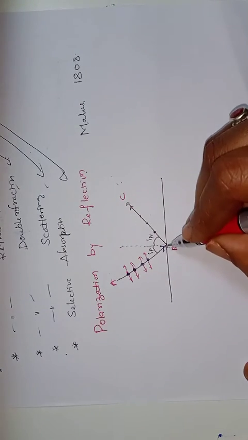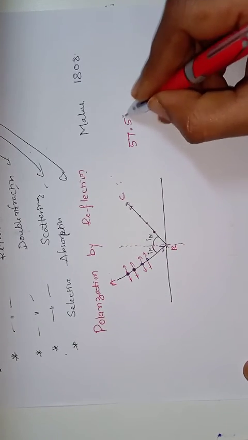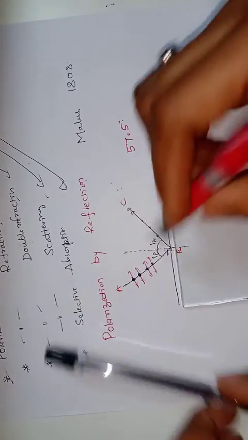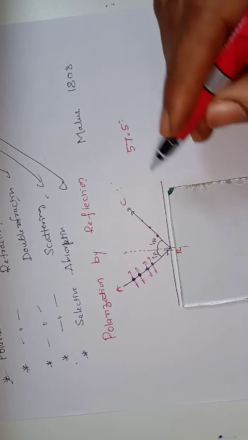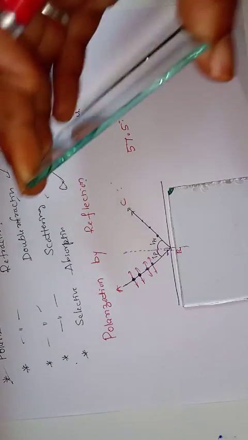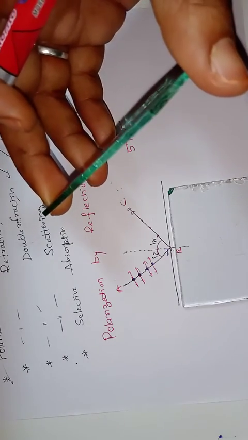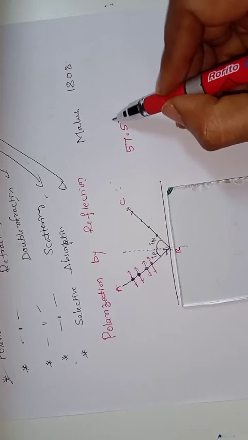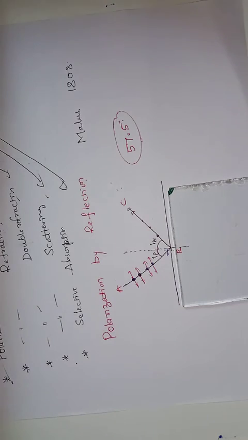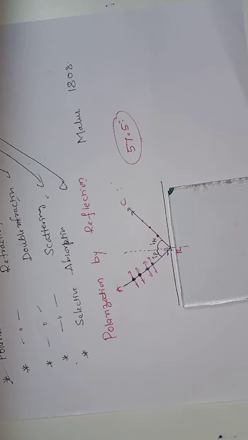This angle of incidence will be equal to 57.5 degrees for the glass surface. When the light is reflected, in the direction of the reflected ray I keep one tourmaline crystal and slowly rotate it. When the angle is 57.5 degrees, only then will the light be completely polarized.